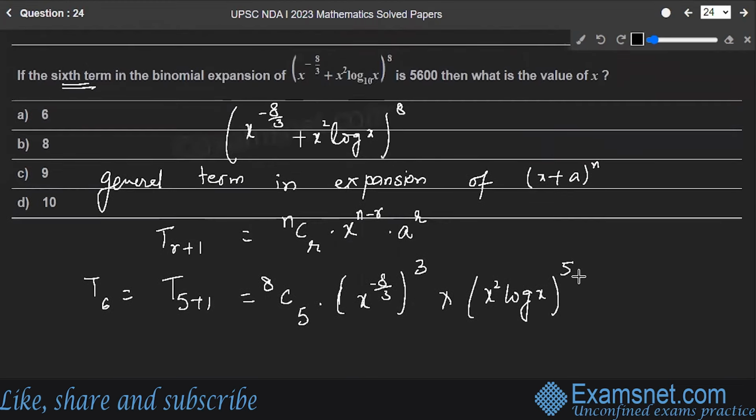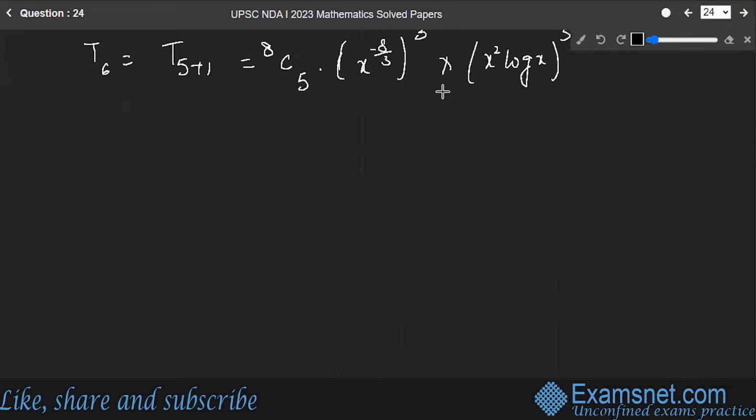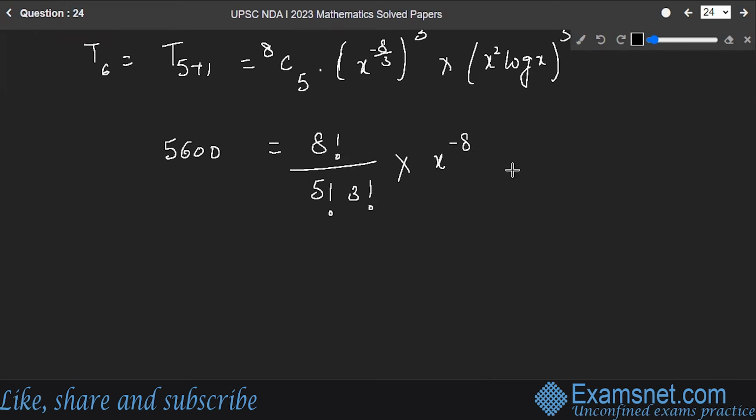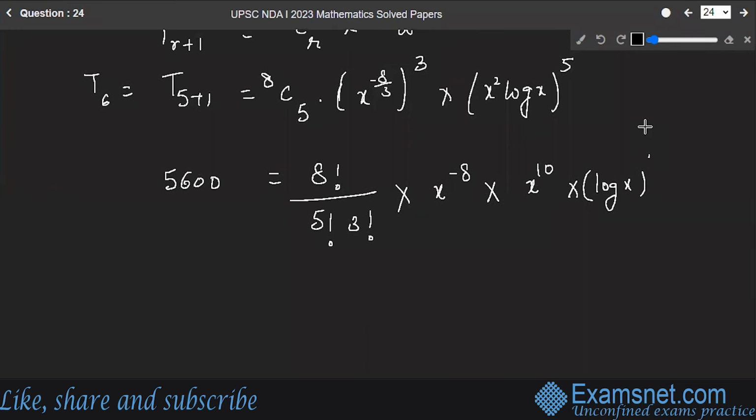Okay, this is given to you as 5600. So 5600 is equal to 8 factorial upon 5 factorial into 3 factorial into x raised to power minus 8 into x raised to power 10 into log of x raised to power 5.